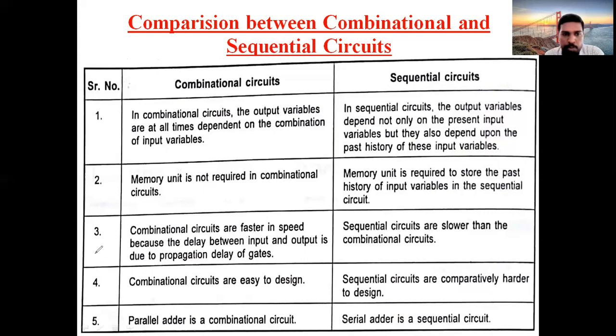So the third point is regarding speed: combinational circuits are faster than sequential. Next, the fourth one: combinational circuits are easy to design. These are very easy to design.